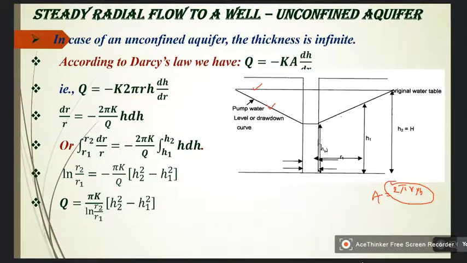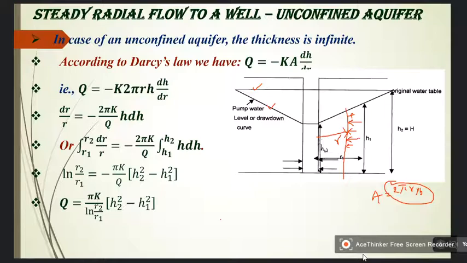If I consider any location which is at a distance of R, so the area of flow is this. The height or the thickness of the aquifer through which the flow is taking place will be H, but not B.